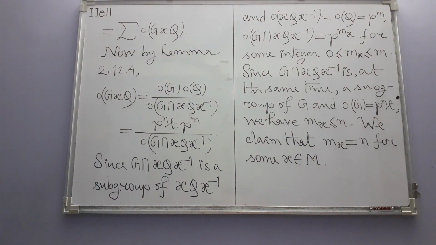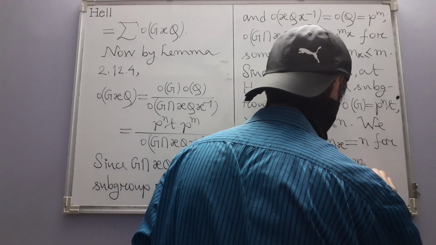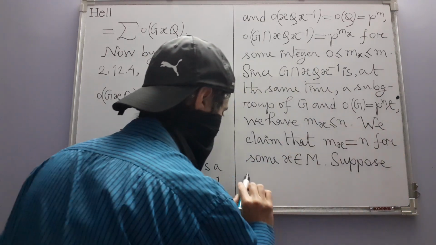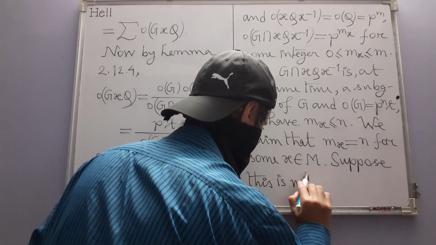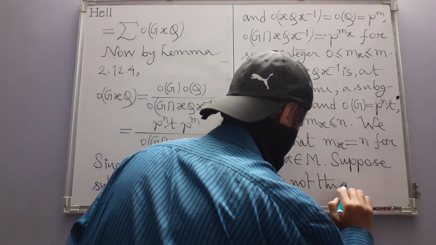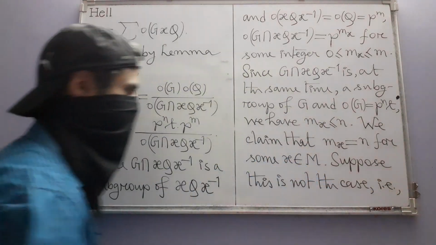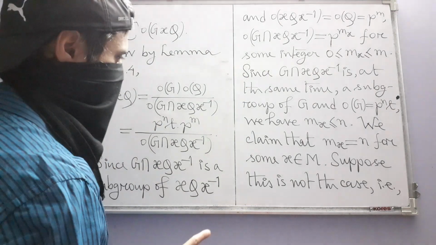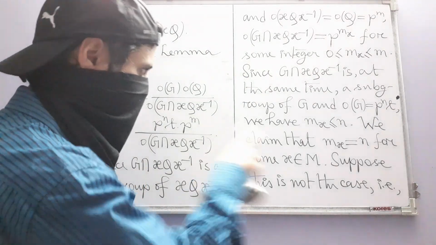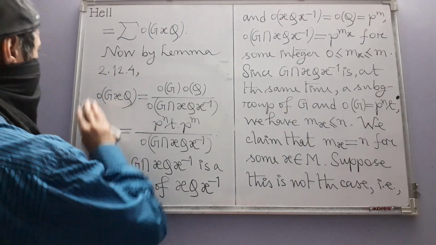This is our claim now. Suppose this is not the case, i.e. each mx, no matter whatever x we are going to choose, each mx is strictly less than n. Then what do we get?